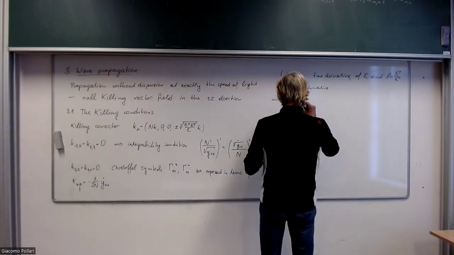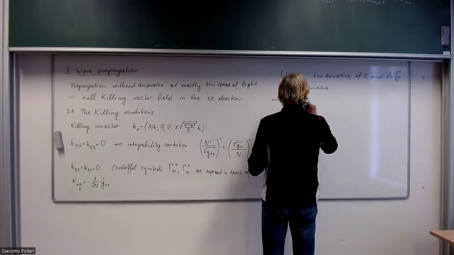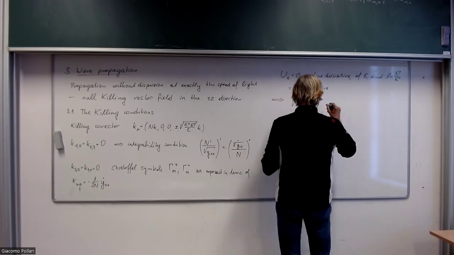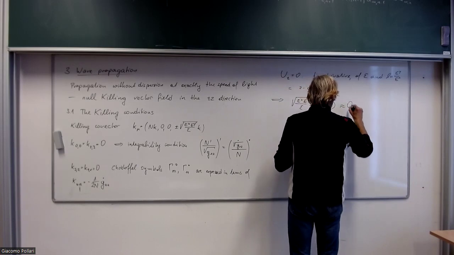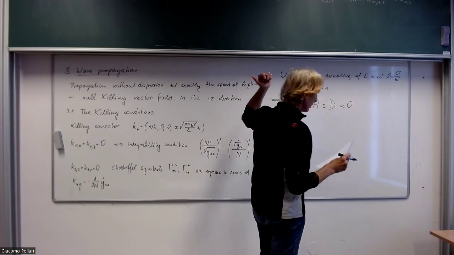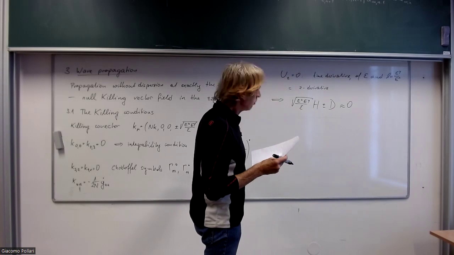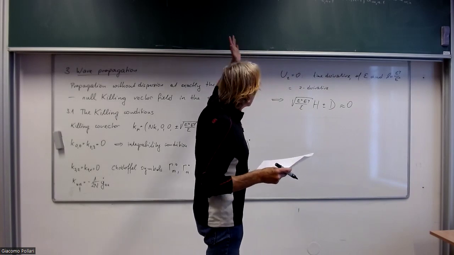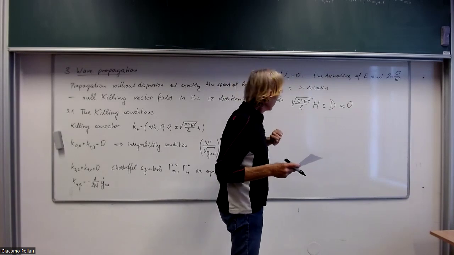From this follows that Ex Ey divided by H plus or minus is weakly equal to 0 up to these conditions, and so when these conditions are satisfied and they are equal to 0, then this becomes equal to 0.